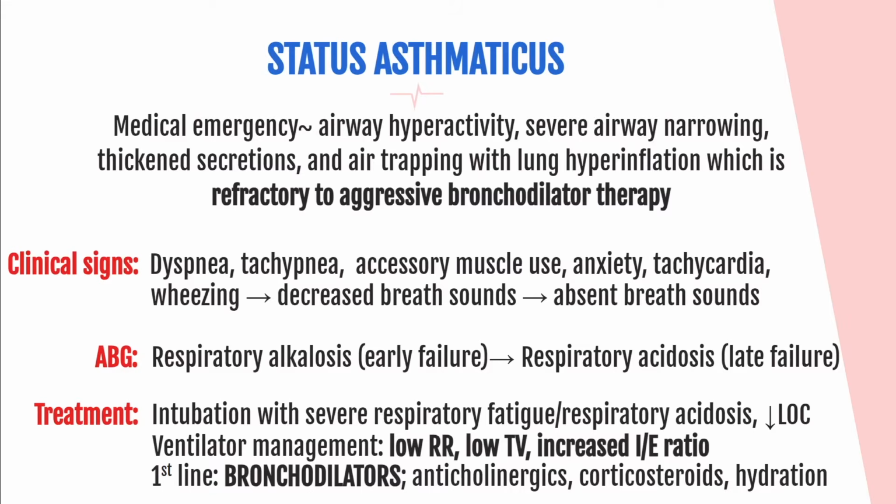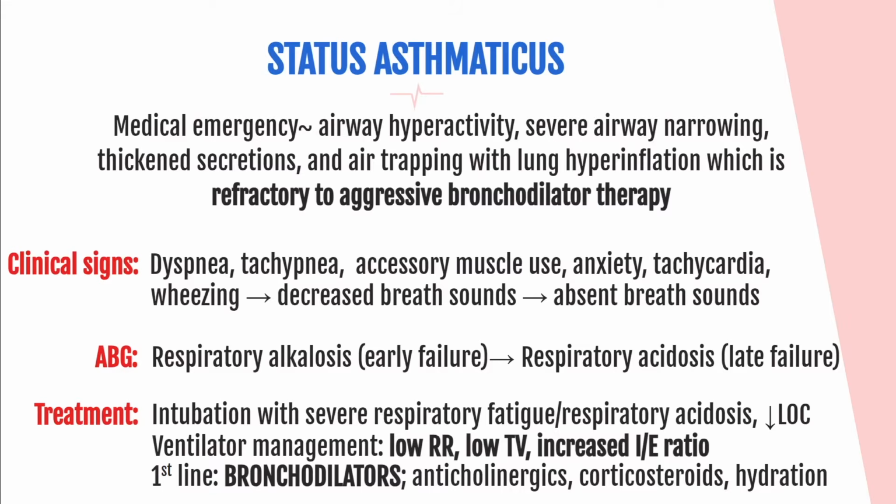So how do we treat these patients with status asthmaticus that are refractory to aggressive bronchodilator therapy? Well, we usually will intubate them if we see severe respiratory failure, respiratory acidosis on an ABG, or a decreased level of consciousness. And then once the patient is vented, they will need specific vent settings, including a low respiratory rate, and that's to increase their exhalation time.